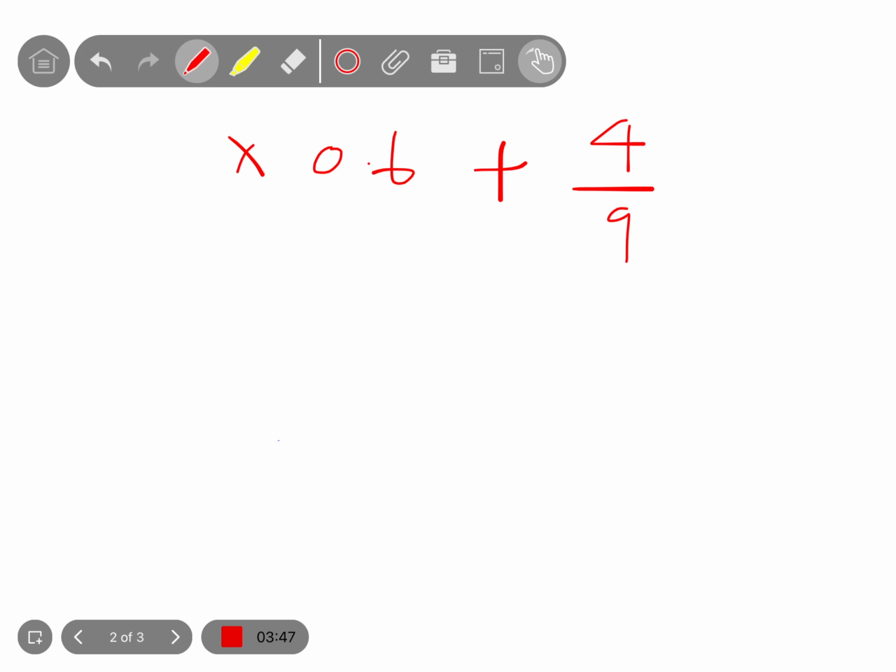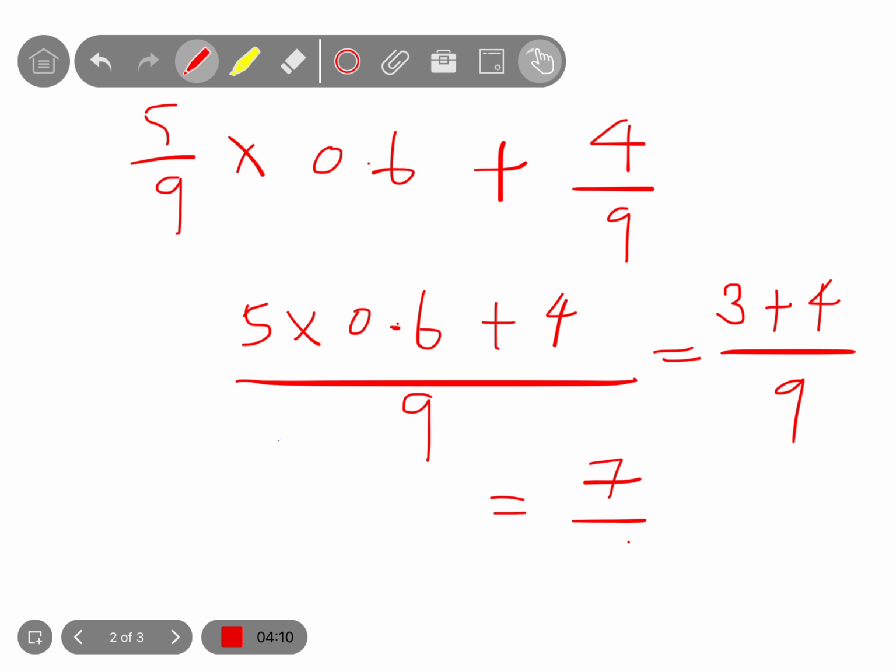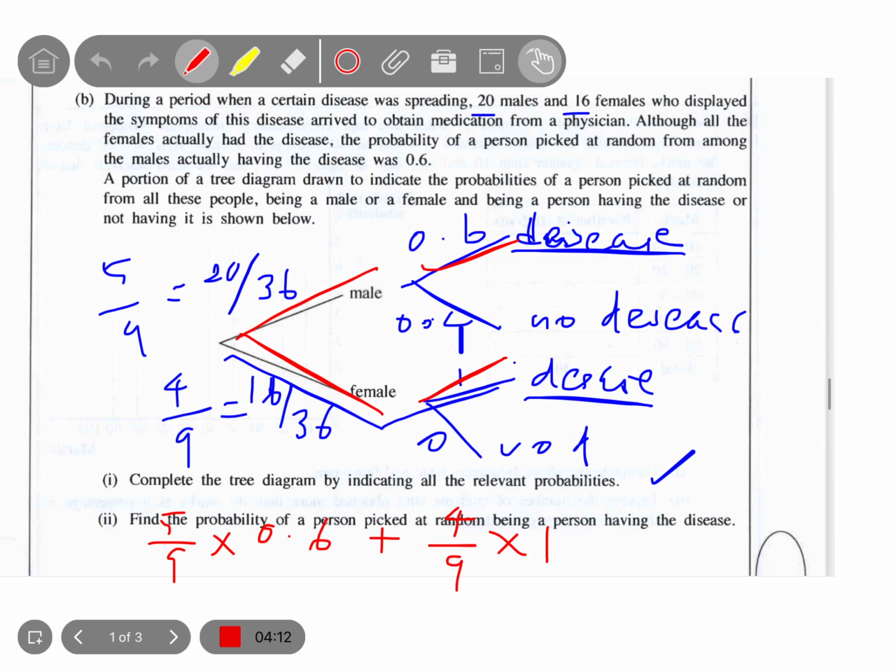So we can use 9 as our common denominator, then 5 times 0.6 plus 4. 5 times 0.6: 6 times 5 is 30, and because of that decimal point, that becomes 3. So its value is 7 over 9. So the answer is 7 over 9.